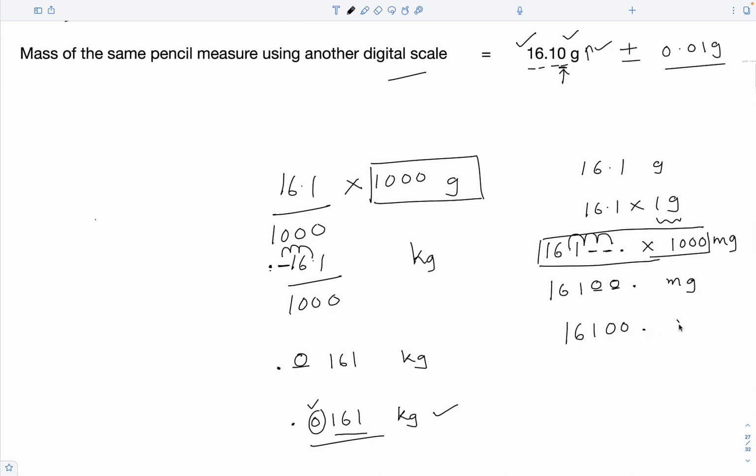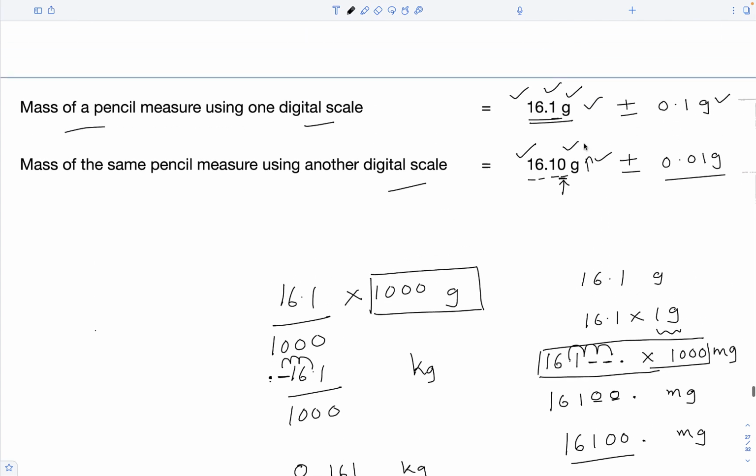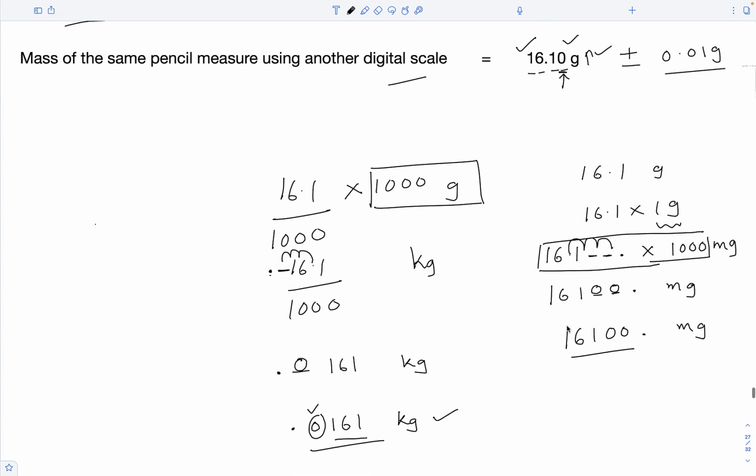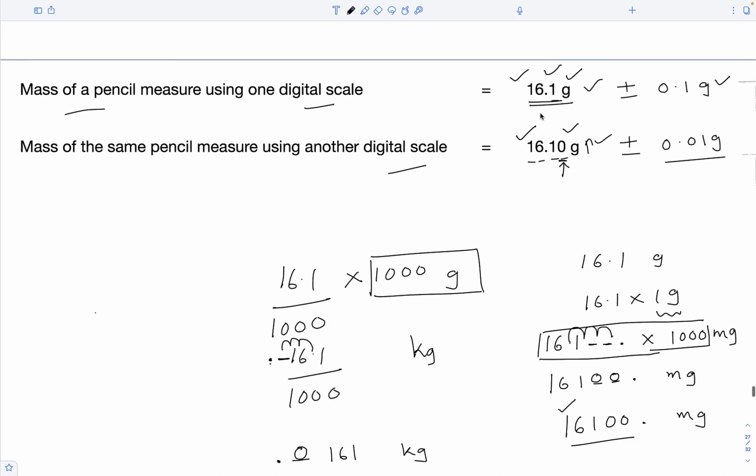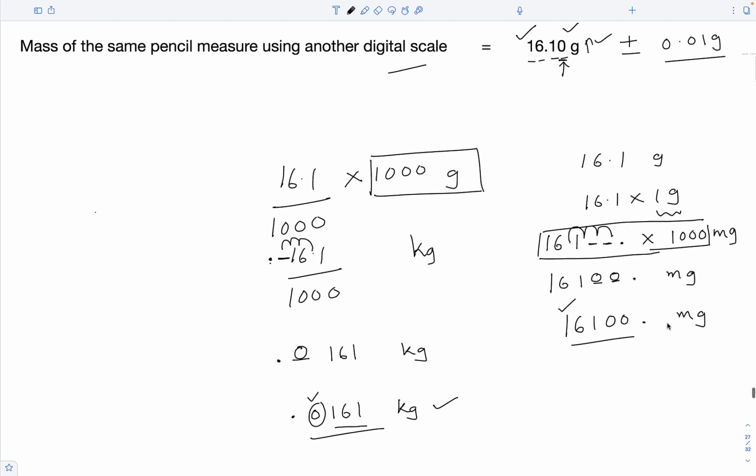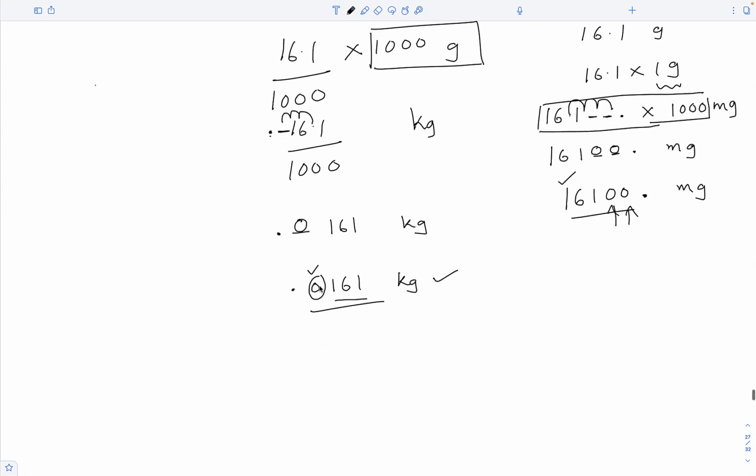16100 dot milligrams. Again, in this value there are more digits than there are in the original measurement. Does it mean that this is more precise than this? No. These two zeros are introduced in this value so that we can place the decimal point in the right location, as in this case.